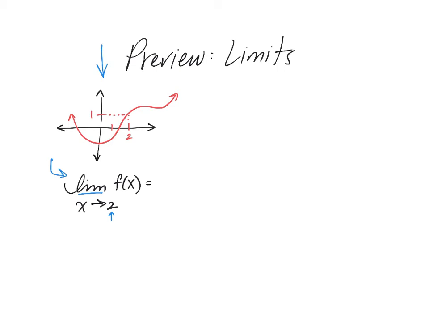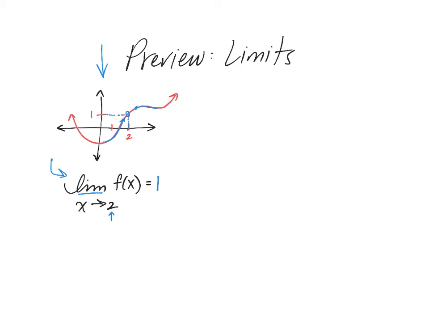Okay, so what that's saying is as I follow this function and I get closer and closer to the x value of 2, what do I predict the y value to be? Now, since this is a nice smooth function, there's nothing unexpected about it. The limit is going to be exactly the same as the function value. So in this case, the limit of the function as x approaches 2 is 1.